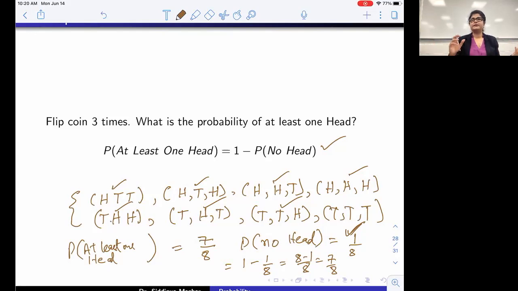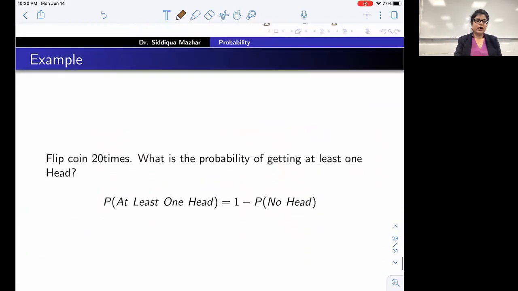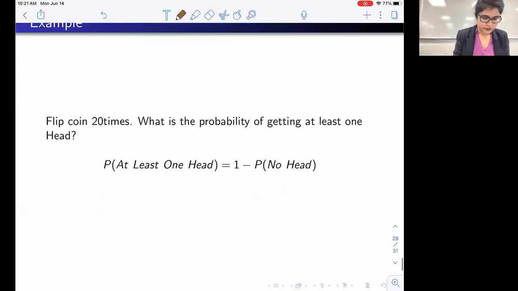If I ask you to flip the coin 5 times and look for at least one head, you have 32 sample spaces. With 6 it will be 64 samples, and it will get huge and huge. So the probability of finding at least one head will be complicated. Let's have a look at how we can solve it for a bigger number of trials.